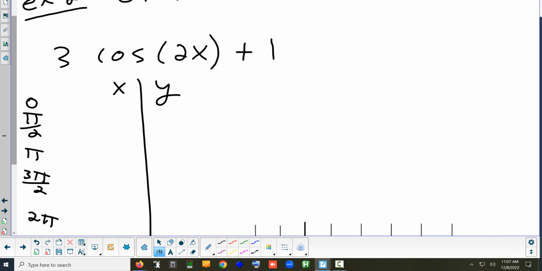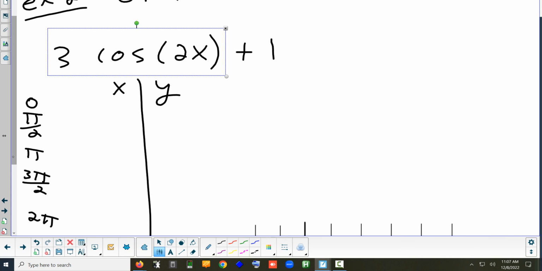Which number are we doing first? That's my question. Which number do we look at first? Yeah? Period change. We're going to do the period change first. Is that the only transformation affecting the x-axis? Yes. So we can do the period change and know we're done with the x column. Okay, how am I supposed to get my new x values?